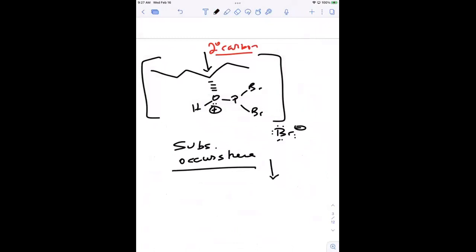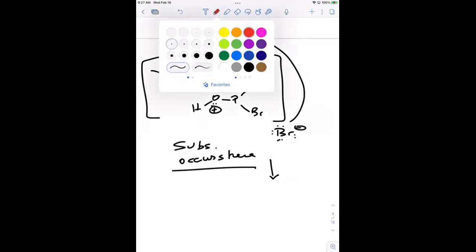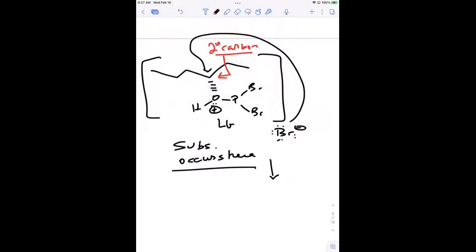All right, so substitution happens here, and then when the bromine attacks, it's going to come in from the opposite side of where that leaving group is. So this is the leaving group, right? Remember all those reactions we did with these alcohols, turning them into alkyl halides.